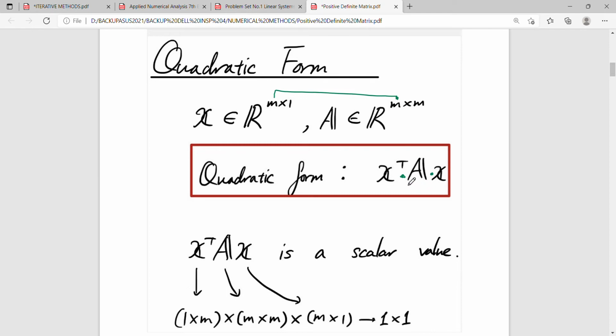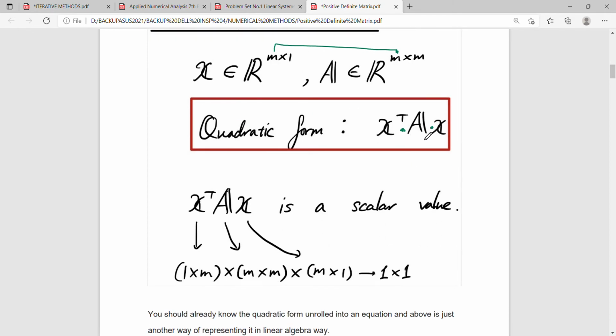Okay? So the x are the vectors of unknowns. If you have 6 equations with 6 unknowns, then x has 6 elements, and your matrix will be a 6 by 6 matrix. If we do the dot product of this x transpose A x, it leads to a scalar value because of contraction.